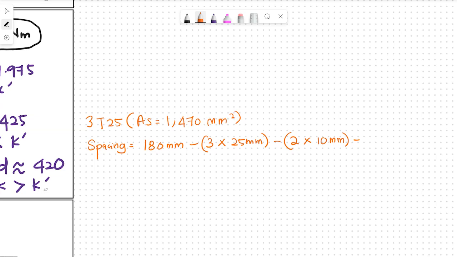So 180 minus 3 times 25 minus 2 times 10, and what else? We have a concrete cover. Left and right, therefore dia jadi 2 lah. And it is 25mm. And you have to bahagi with 3 numbers of bar minus 1. Okay, therefore dia jadi 2.